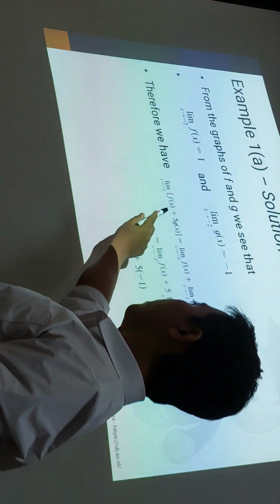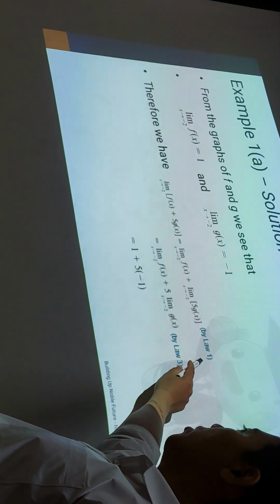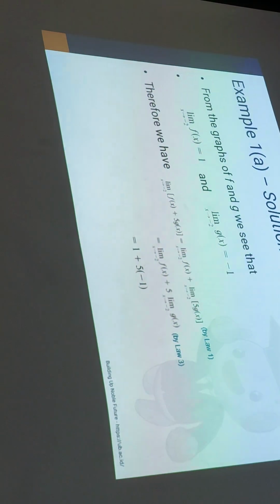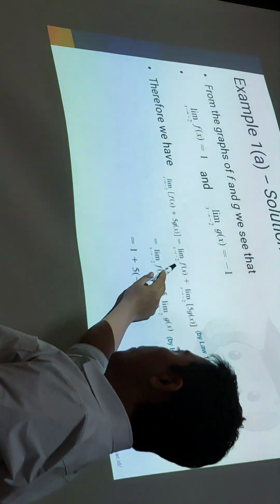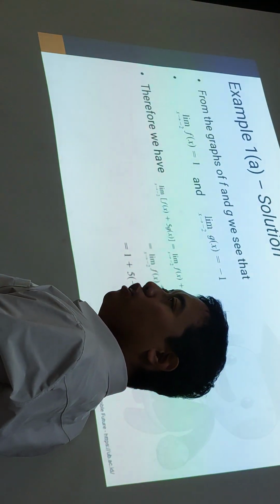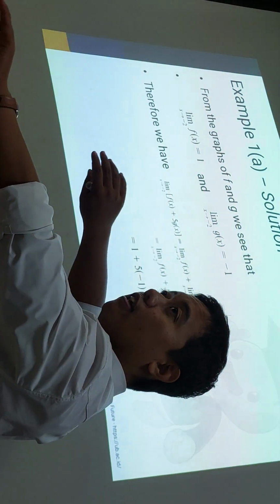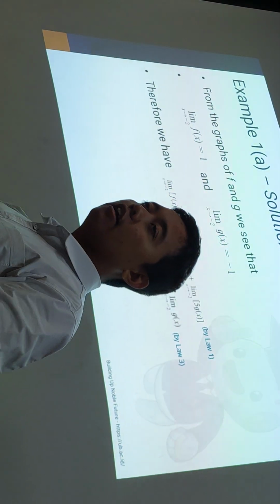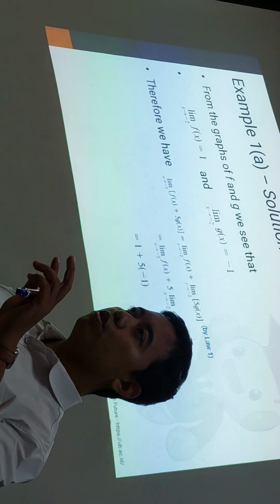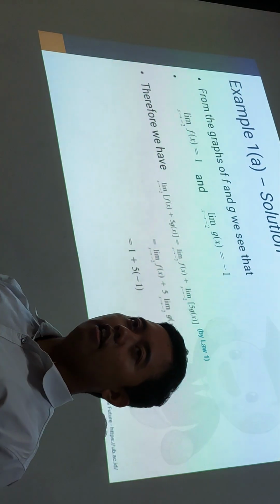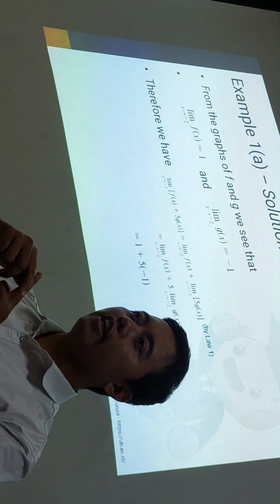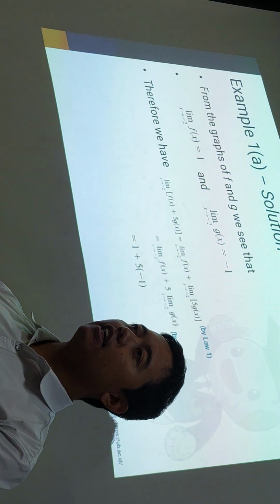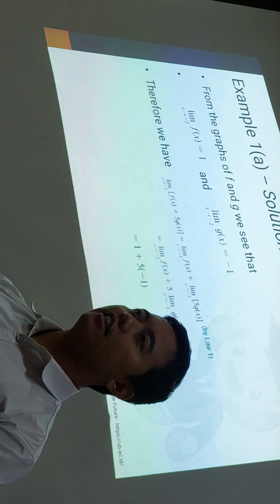So if we have this, we can consider the first law. Limit of f(x) plus, so we can separate the function inside the limit, because we can assume the function in the limit can be divided into 2 functions, one is f(x) and the second one is g(x).